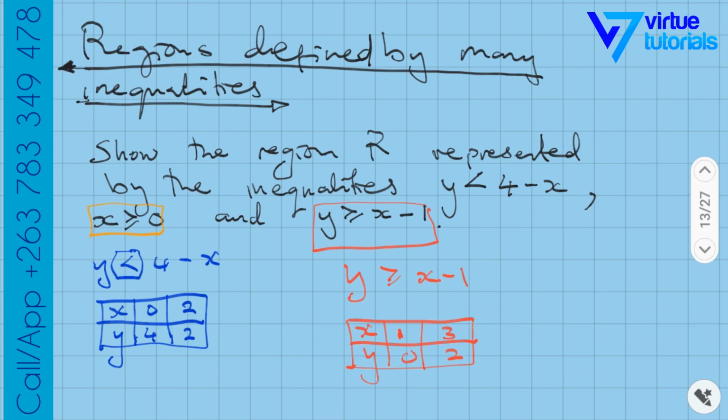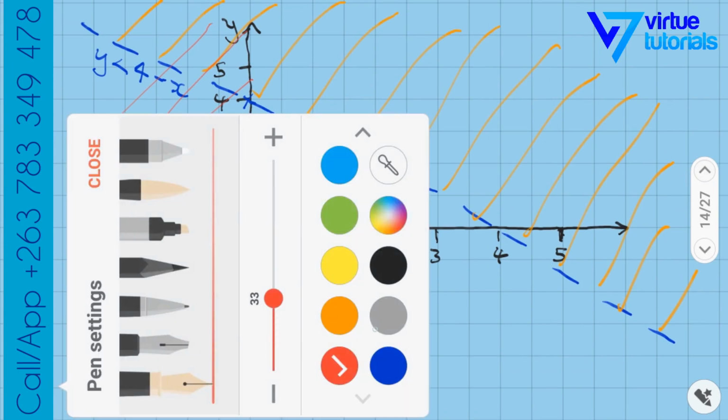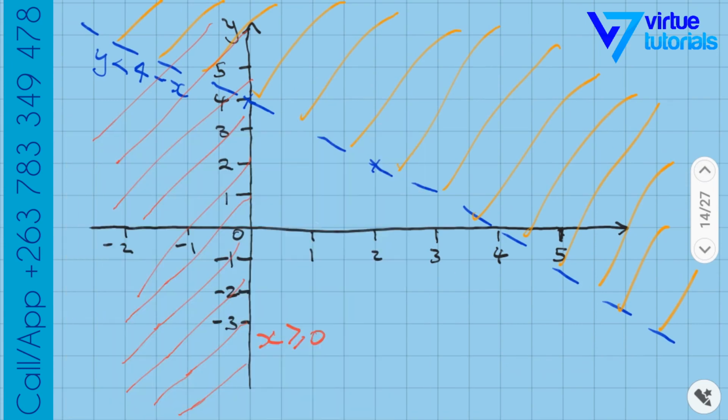I hope you know how to complete this table. So 1, 0, 3, 2. Let me try and use a different color. Once I've done that, I can draw my line, which will move through those points.